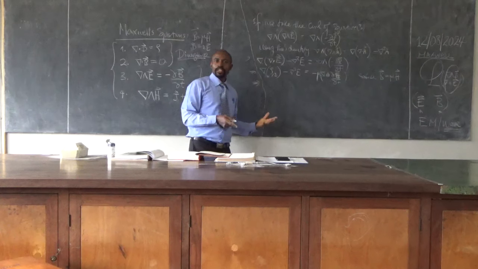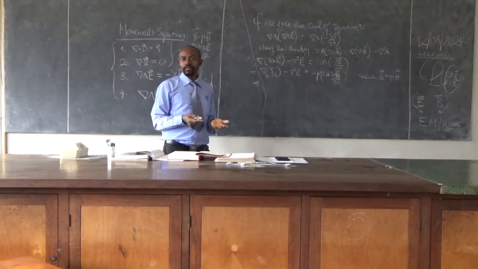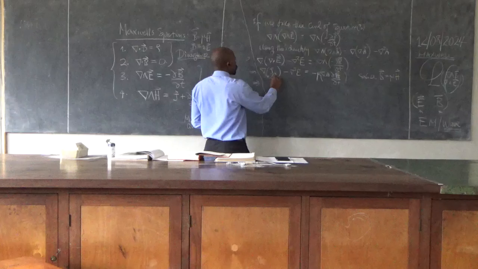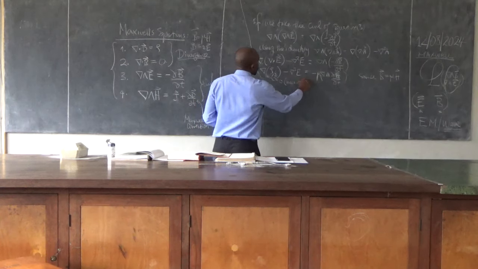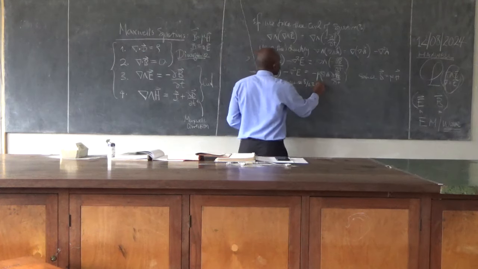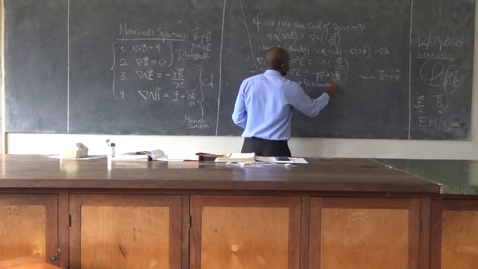What would be differentiating a constant? So this is approximately equal to 0, because rho over epsilon equals a constant.